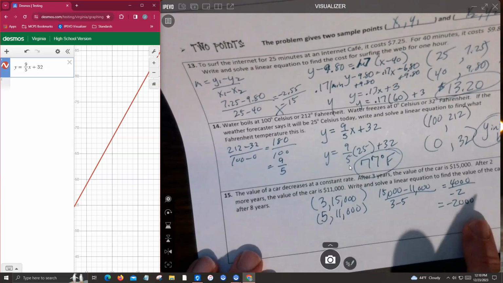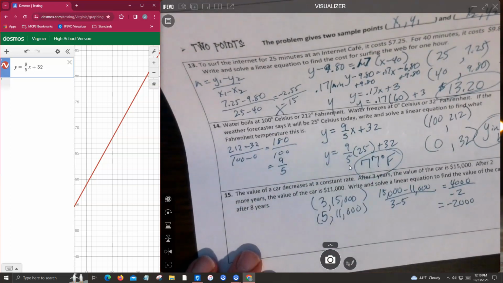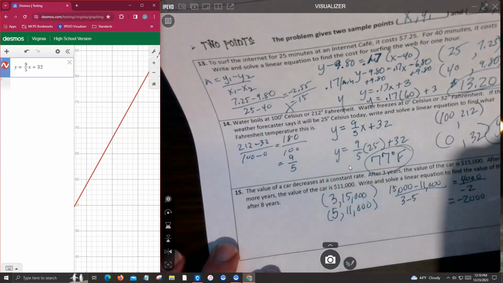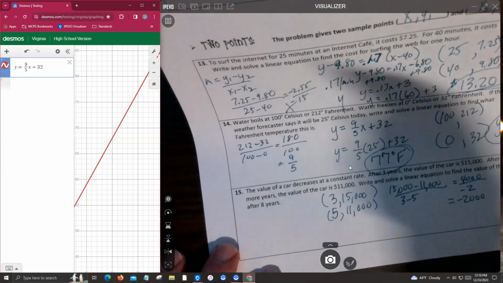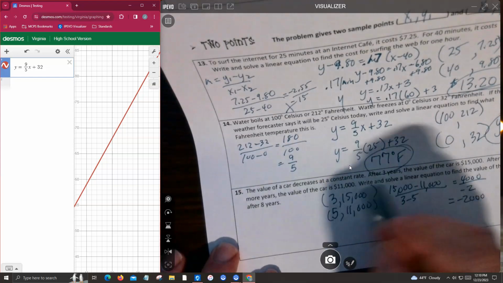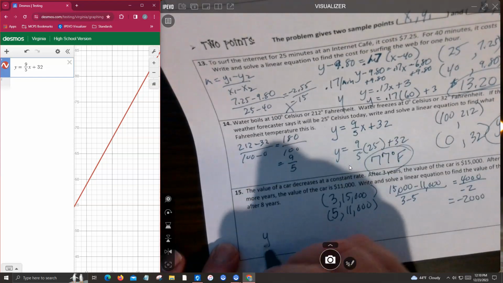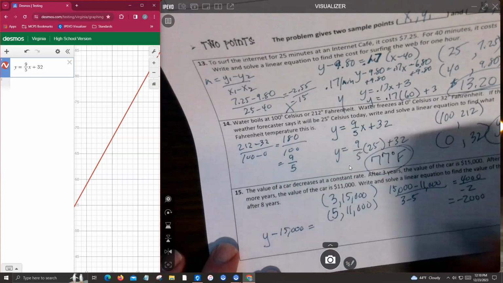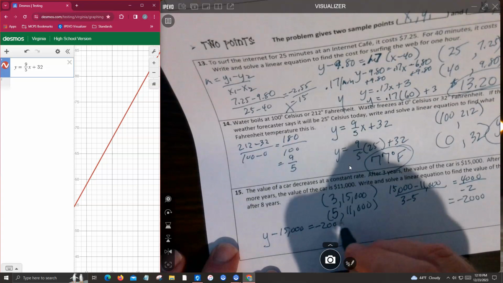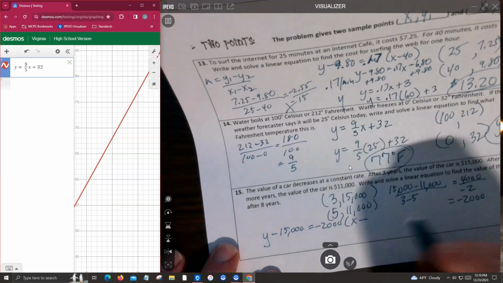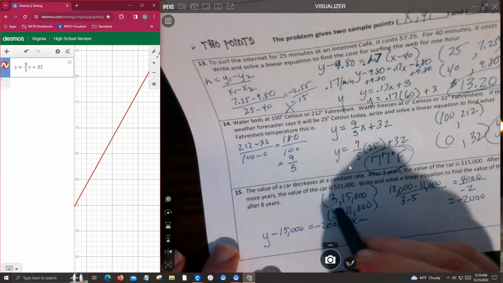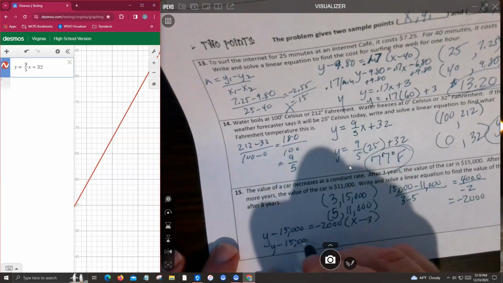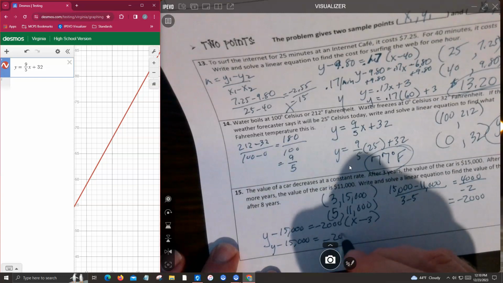All right, so he wants to know what happens after 8 years. So I can make my equation. Let's do that. So I'm going to use either point. It doesn't matter. So I'm going to use the top point. So I'm going to do y minus 15,000 equals negative 2,000 times x minus 3. Okay, so y minus 15,000 equals negative 2,000x.